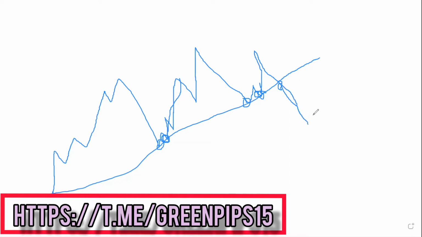A conservative trader will always wait for a retest before going down, to confirm that this breakout is not a false breakout. So the first way to trade it is trend line rebounds. The second way is immediate breakout. And the third way is breakout, retest, then you enter into the trade.